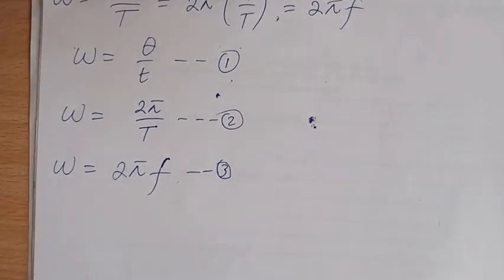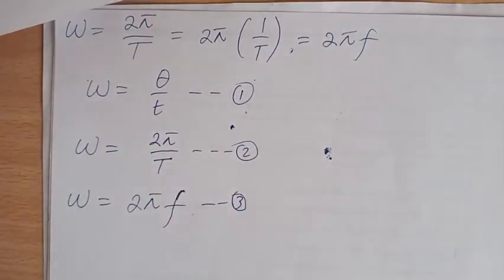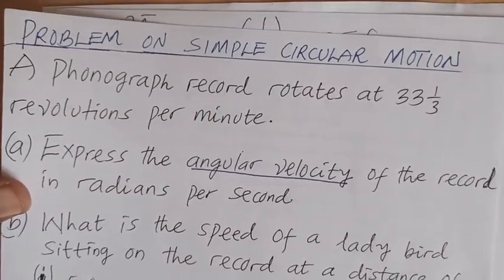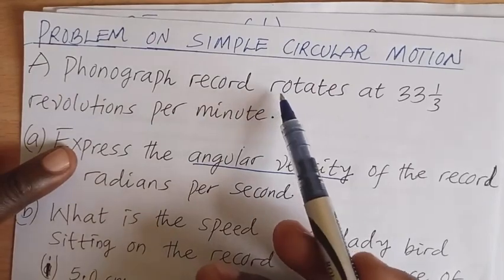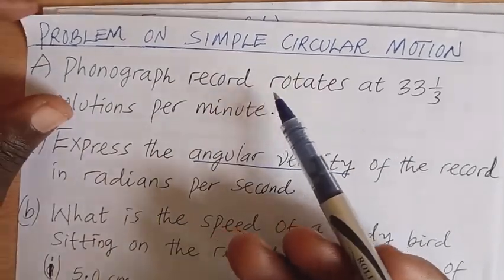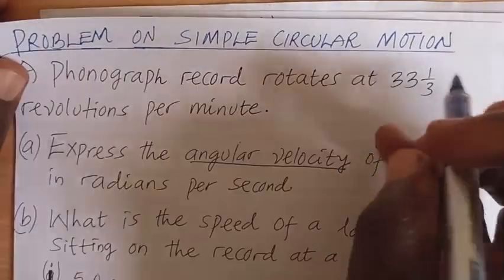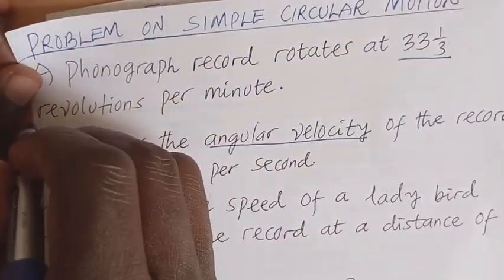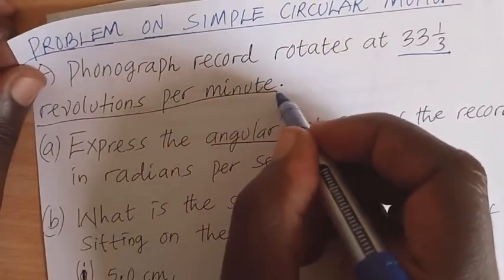So we are going back to the problem to see which one of these 3 equations we should use. If you read the problem, it says a phonograph record rotates at 33 and 1 upon 3 revolutions per minute.